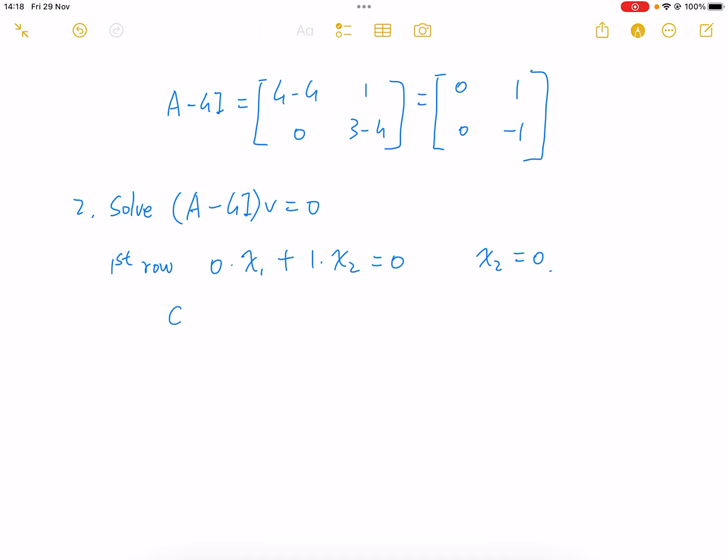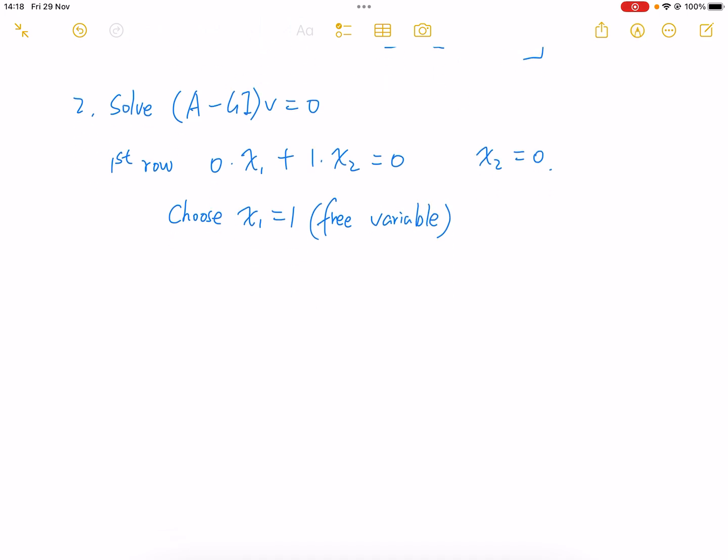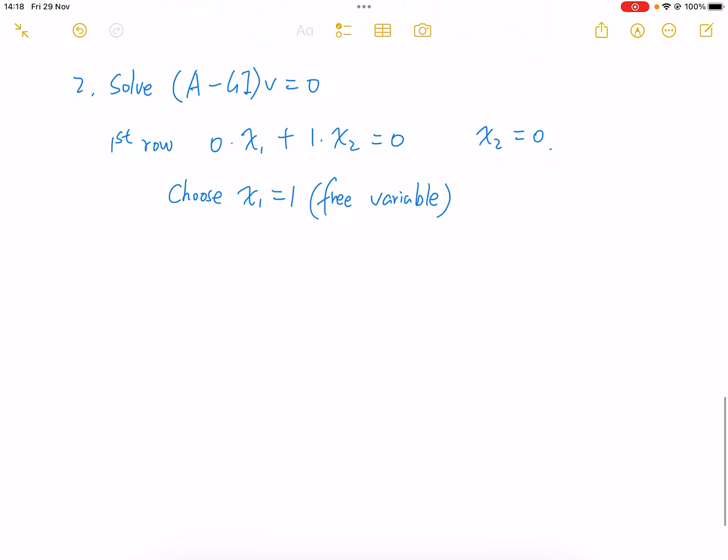If we choose x1 equals 1 as the free variable, then the eigenvector is v1 equals 1, 0.